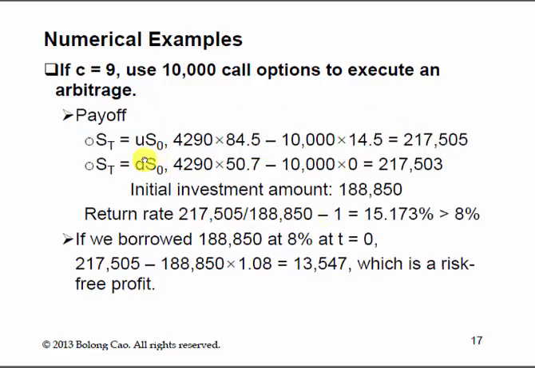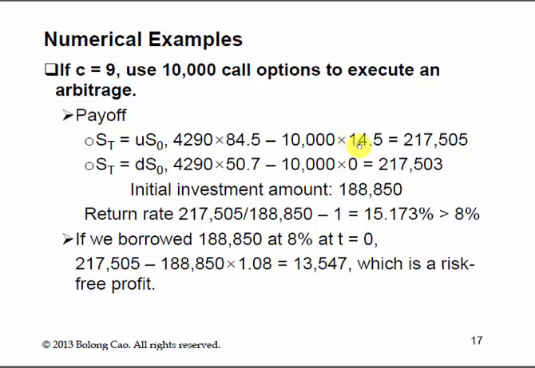So let's see. In the upstate, the underlying price becomes 84.5, and we have 4,290 shares from the long position, and the call is in the money.